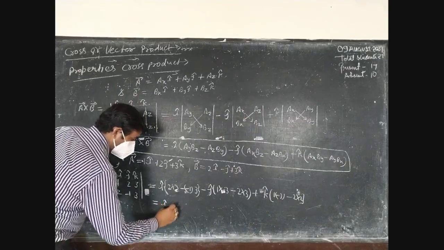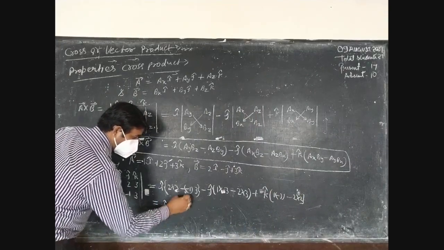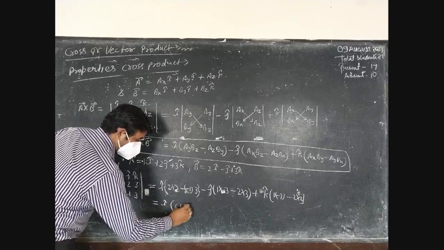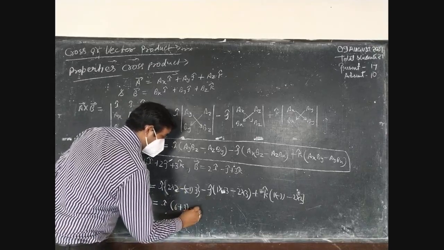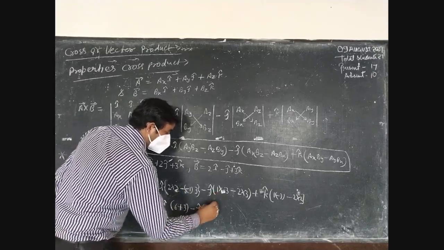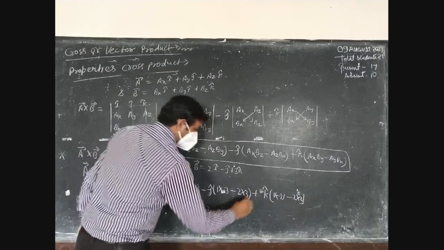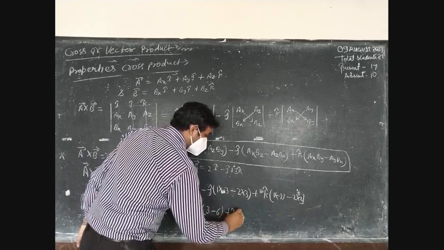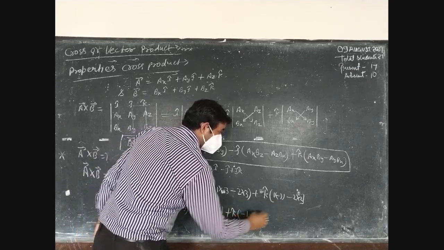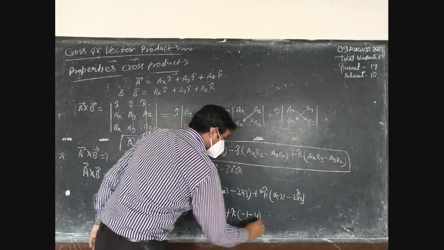I cap, 6 minus minus, plus 3, minus j, 3 minus 6, plus k, minus 1 and minus 4.